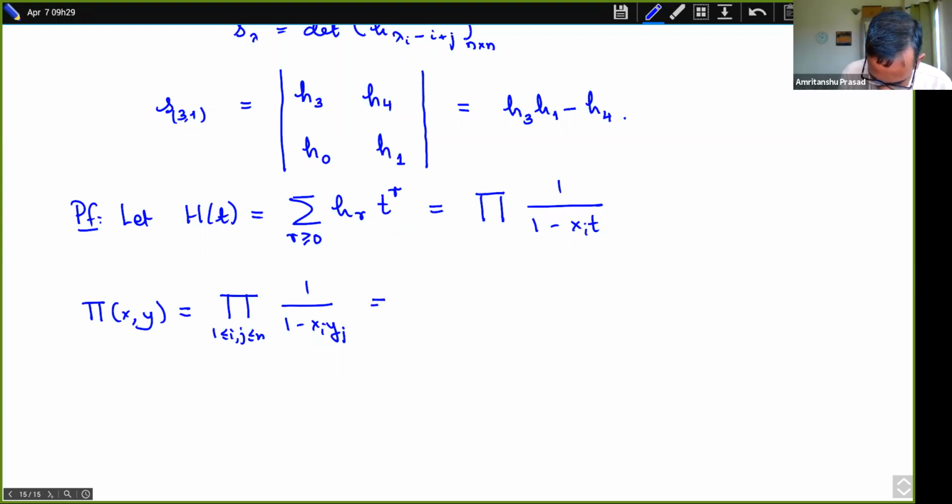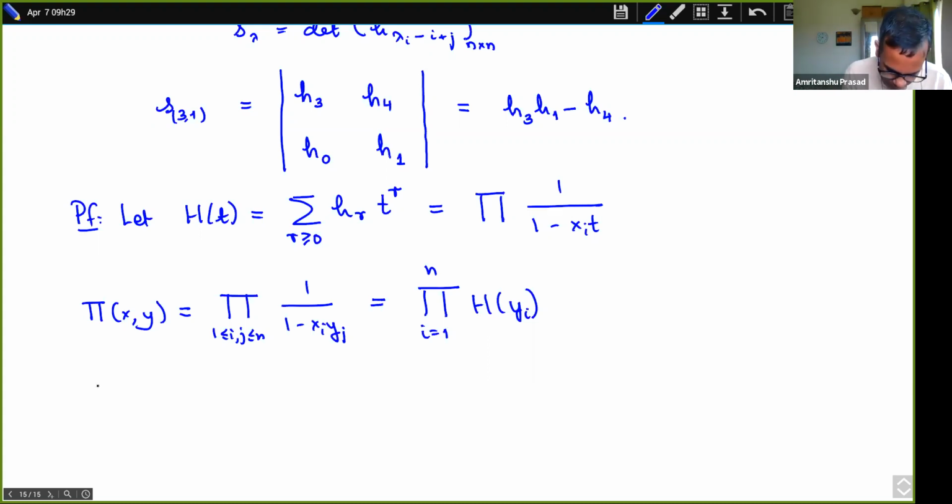But if you think about what this is saying in terms of this identity, what this is saying is that we just have a product over i from 1 to n of H(y_j), because this t has become y_j, and so you have this.